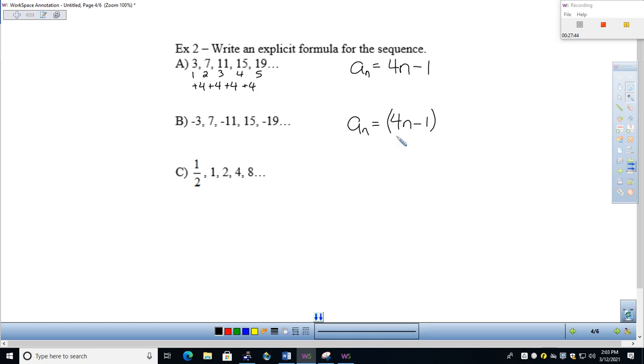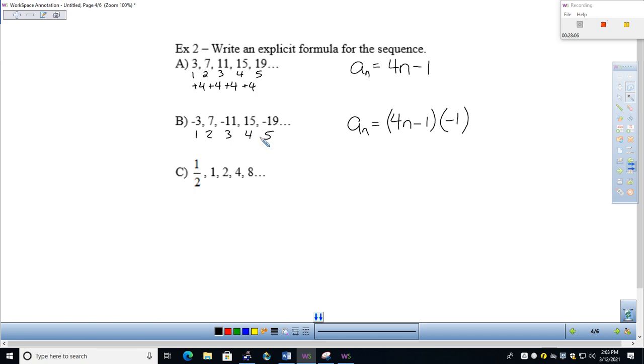How do I get terms to change from positive to negative? Well, I can take the 4n minus 1, because that gives me the numbers, and multiply that by negative 1 raised to, and here's where I have to be careful. And by the way, I neglected one thing. Let's put 1, 2, 3, 4, 5 as our inputs, matching them up.